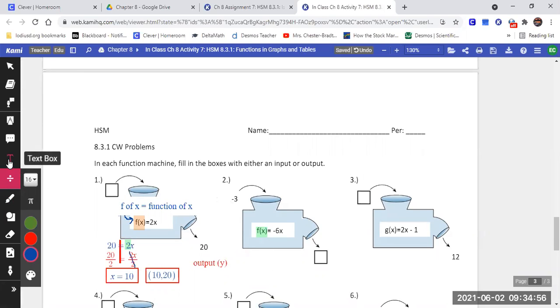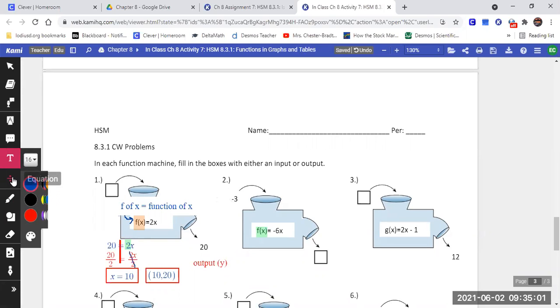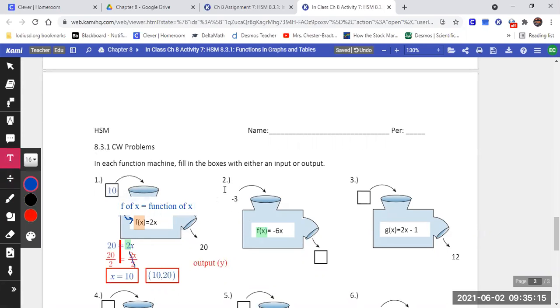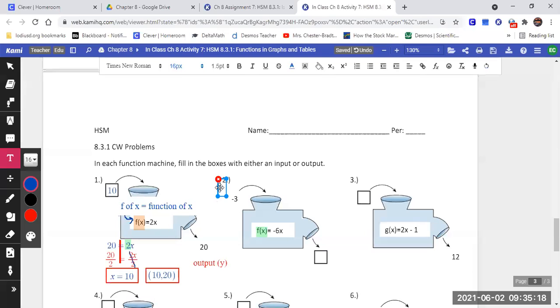Okay, so what did they give us this time? This -3 up here. Is that an input or is it an output? Okay, up at the top, yes, that is an input. So if it's an input, which letter is it? X or Y? X, yep. So they told us the X is -3.